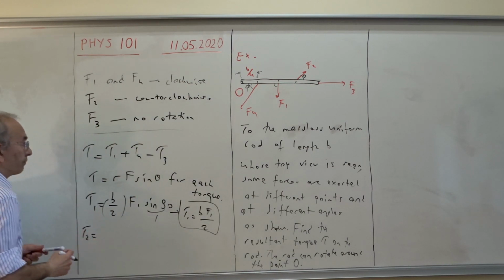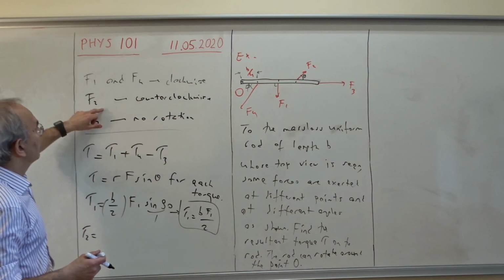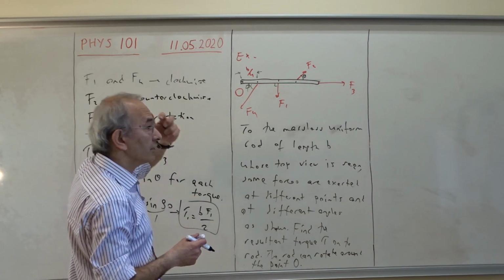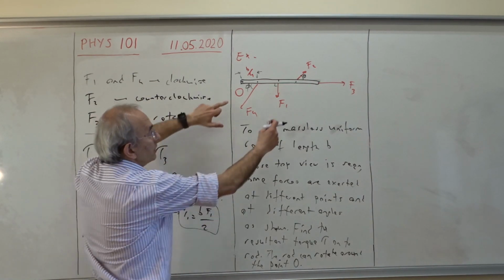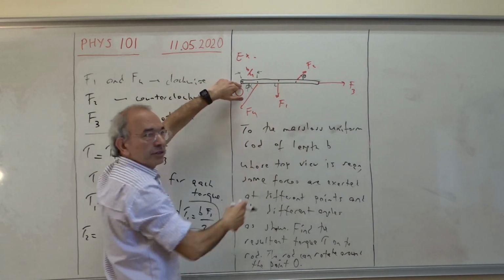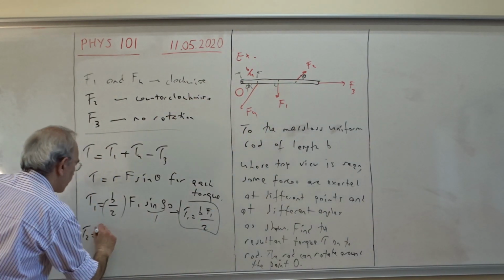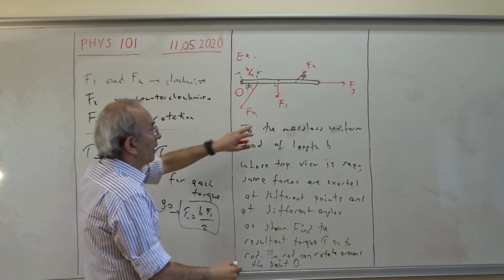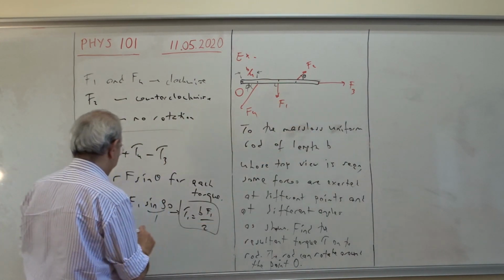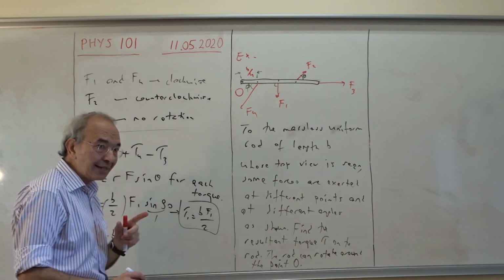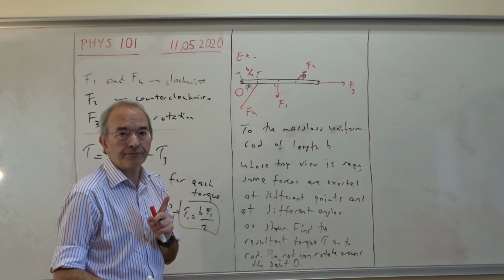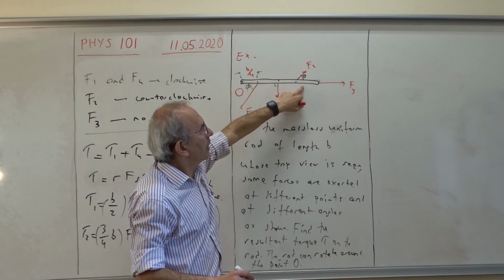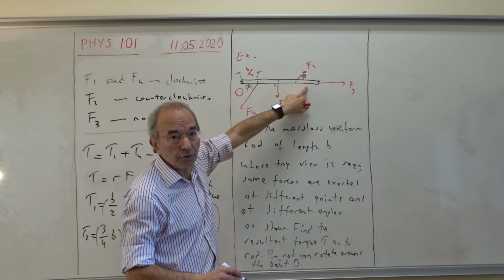What is tau 2? Tau 2 is trying to rotate counterclockwise. However, what are the distance and angle? Distance is 3 over 4 b, multiplied by F2, but don't forget the angle. Angle is not 90. In this case, it is not theta. What is it?